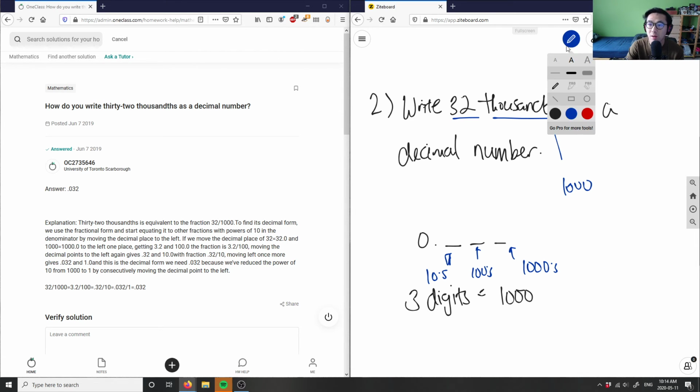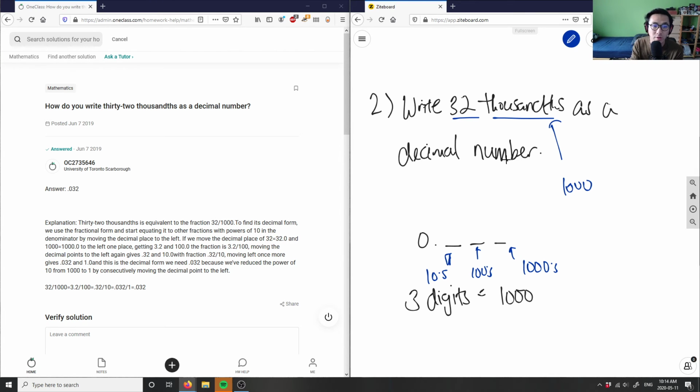And finally, my answer here, well, I have 32 thousandths, right? If I have 32 thousandths, then I simply have to write 32 in these two sections here, because I don't have any in the first. You can think of this as tens, hundreds, and thousands, right? So this is 32 thousandths.